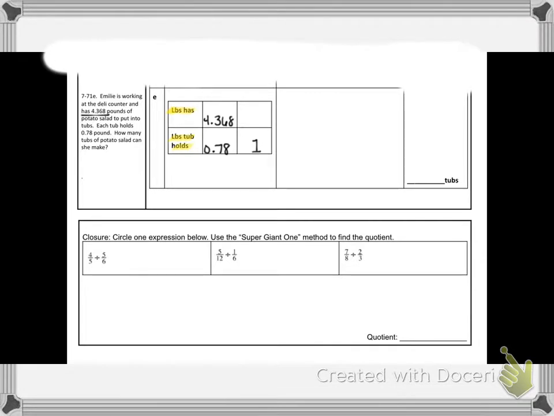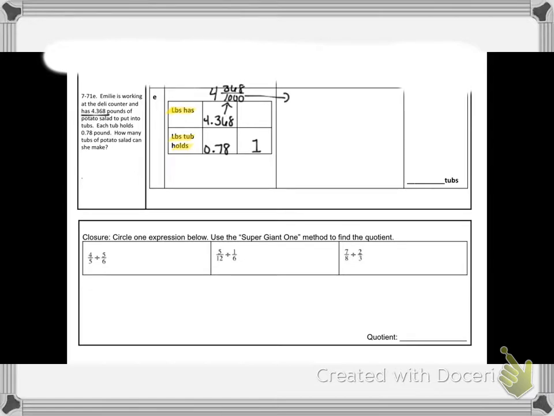If we look at this, it's going to get a little bit messy, which is why we're going to do this one together. 4.368 means you have 4 and 368 over 1,000 as a mixed number instead of a decimal.